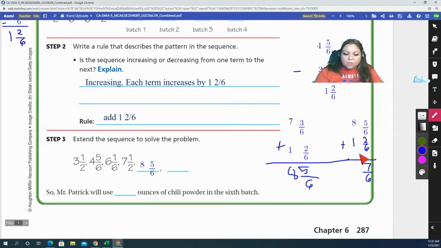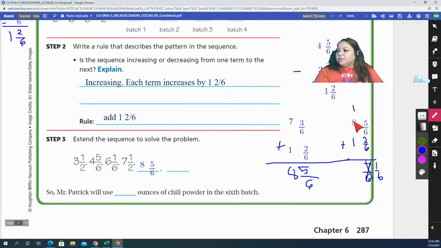But before we keep going, notice that 7/6 is a fraction greater than 1. So I cannot leave it there. Okay, this needs to be regrouped. So I'm going to take away 1 whole. Remember that 1 whole is 6/6. So if I subtract from 7/6, I have 1/6 left, right? 1/6. So I'm going to cross this out and carry over the 1 whole.